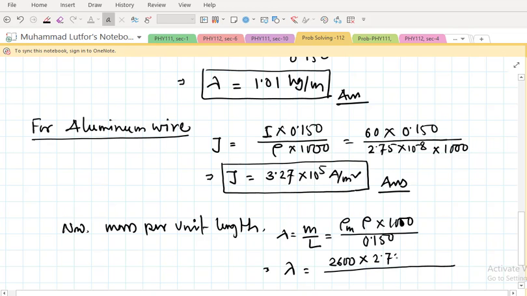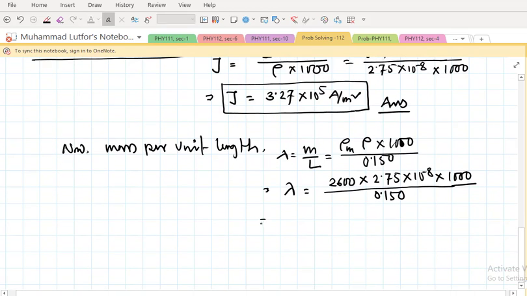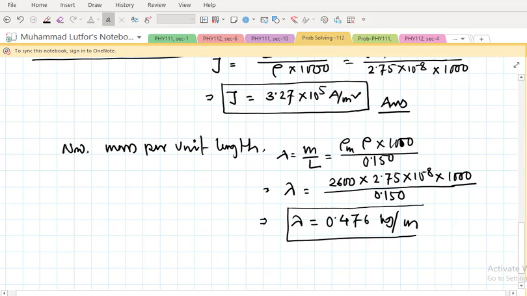Resistivity is 2.75 into 10 to the power minus 8 into 1000 divided by 0.150. If you solve this, you will find that lambda, the mass per unit length of this aluminum, would be 0.476 kg per meter. So this is the mass per unit length for this aluminum wire. Okay, thank you very much.